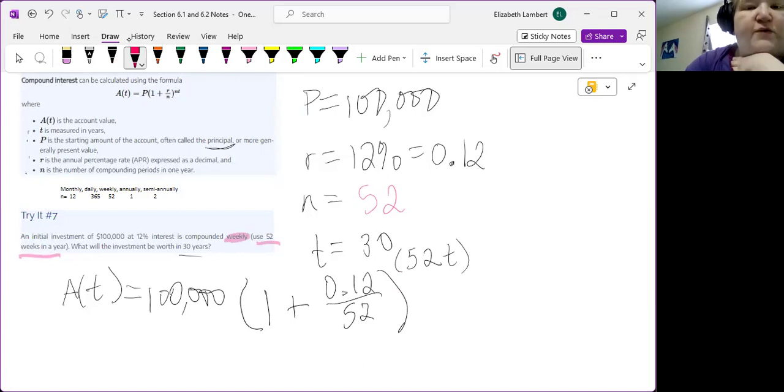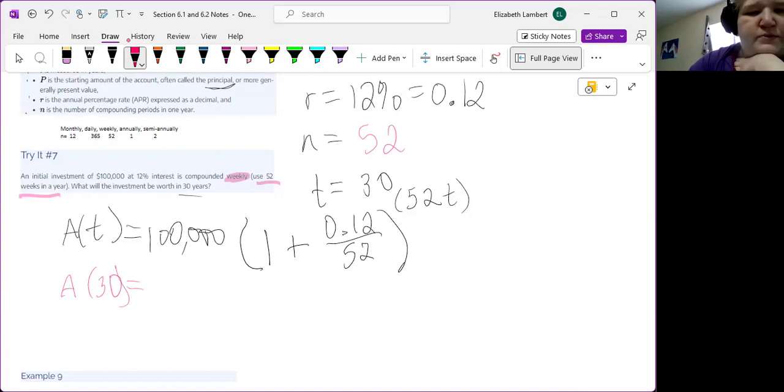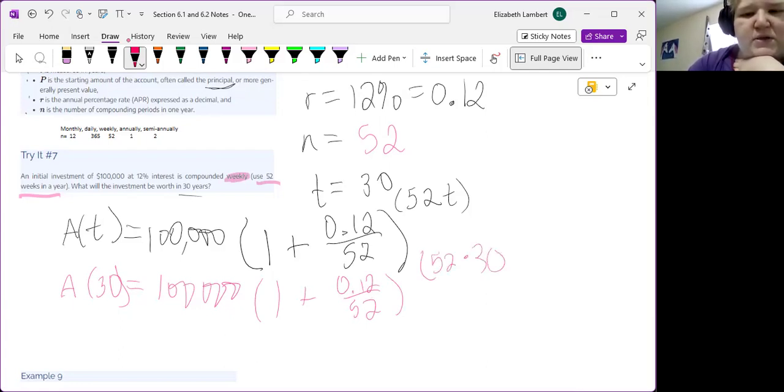All right, so what we're doing for our problem is we're going to plug in 30. So we have 100,000 times 1 plus 0.12 over 52, close, raised to the 52 times 30. Make sure there is one big set around the exponent. Make sure there is the set around the 1 plus r over n.